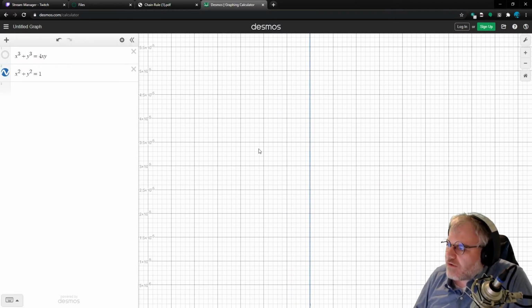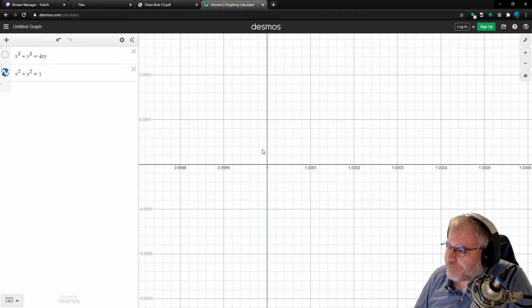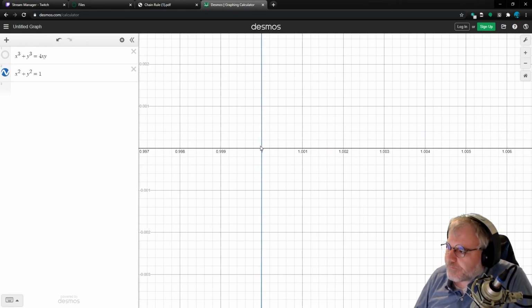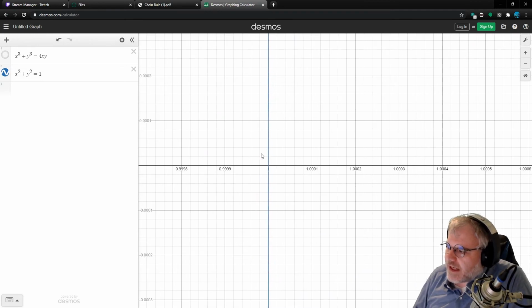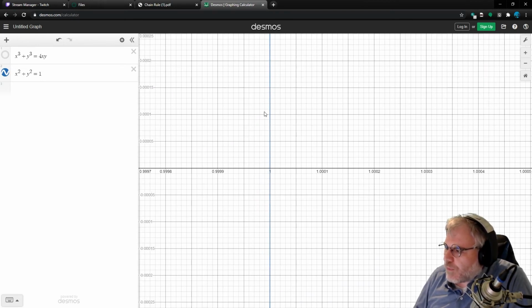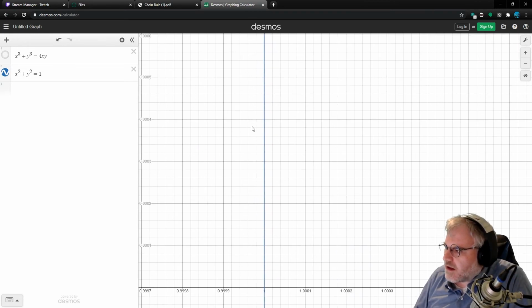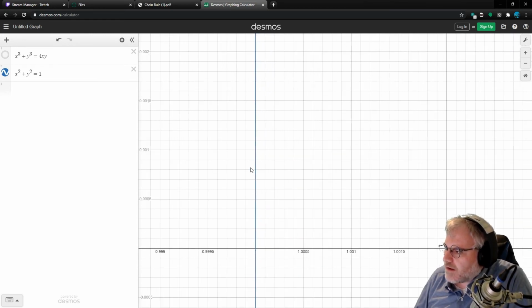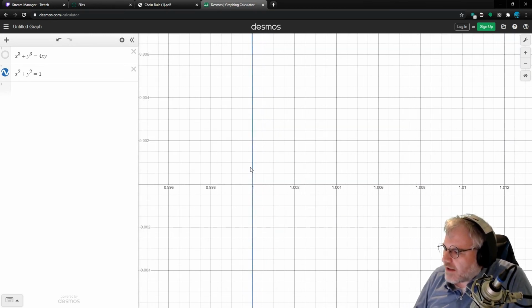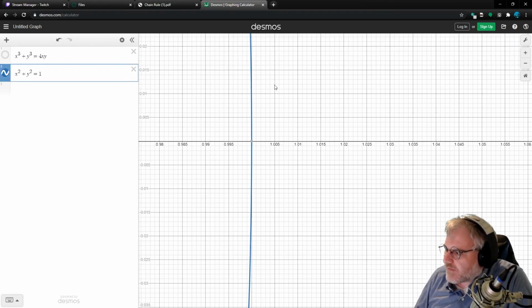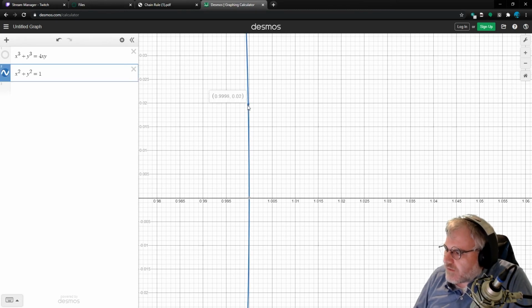However, anywhere else on my graph, let's do a point that's way up here. Let's zoom out a little bit. Let's do this x value right here. That's not quite 1. Oh, it's not going to let me select that. This one. So let's do 0.999 here.